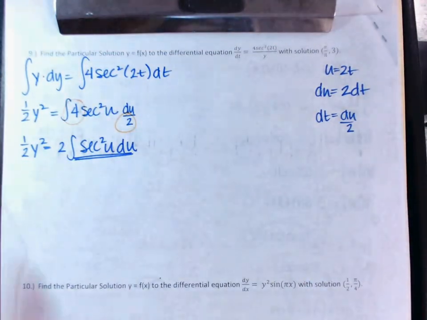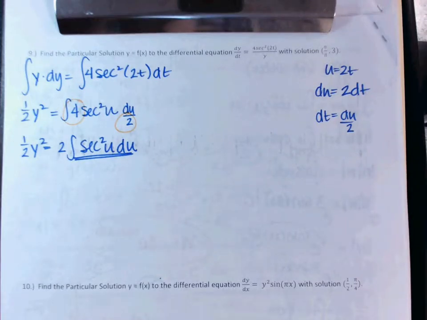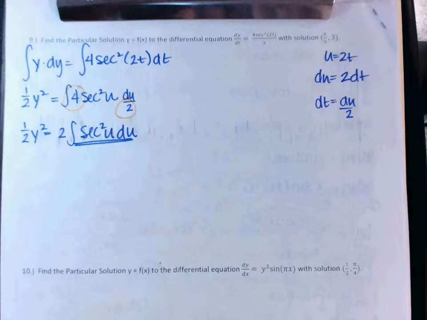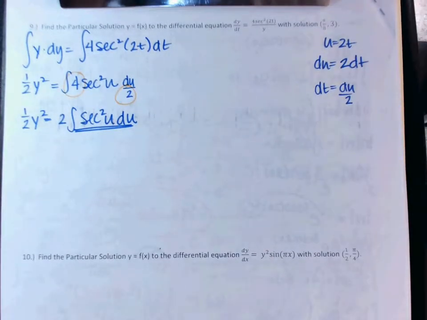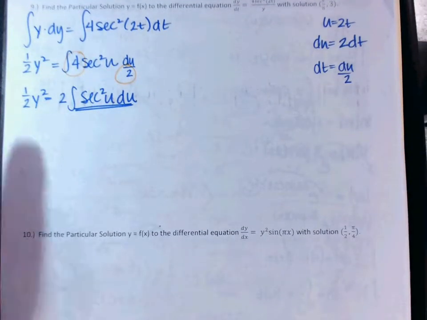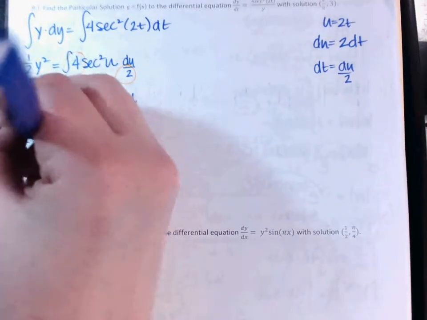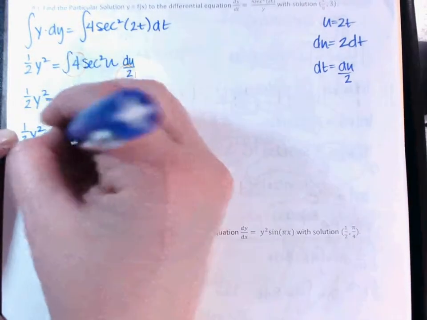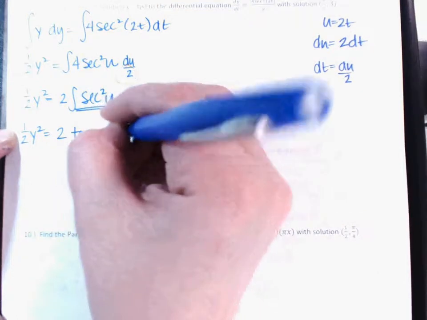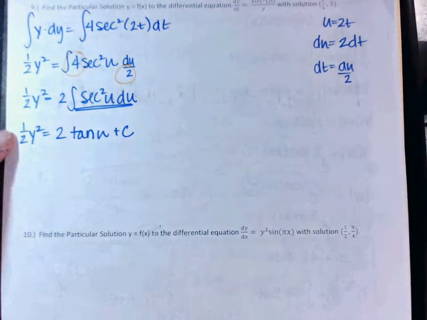That's a rule. What function's derivative is secant squared? Tangent. So then the integral of secant squared is tangent, because remember, they're just backwards from each other. So this would be 1/2 y squared equals 2 tan u plus c, and then I would switch it back to be a 2t.